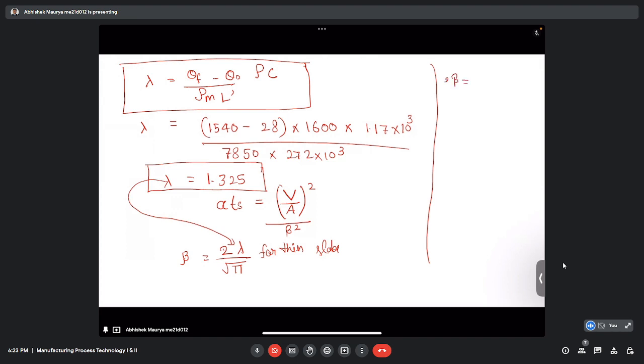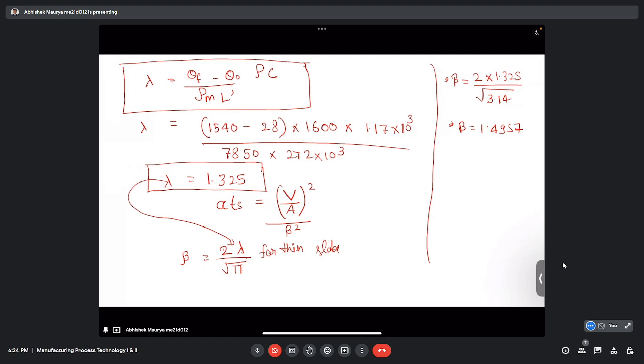Beta is equal to 2 times lambda, where lambda is 1.325, divided by root over 3.14, that is the value of pi, and the value of beta comes out to be 1.4957.